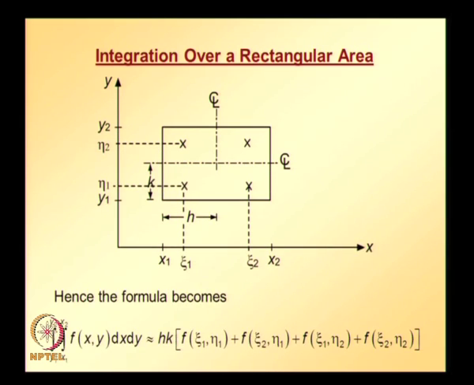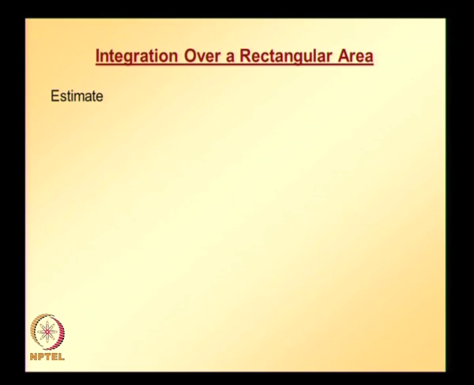Hence the formula becomes: the integral of f(x, y) over the rectangular region x1 to x2, y1 to y2 is approximated as the weight along the x direction times the weight along the y direction, that is h times k, multiplied by the sum of the function values evaluated at all the 4 points. So now let us apply this formula to evaluate this integral.